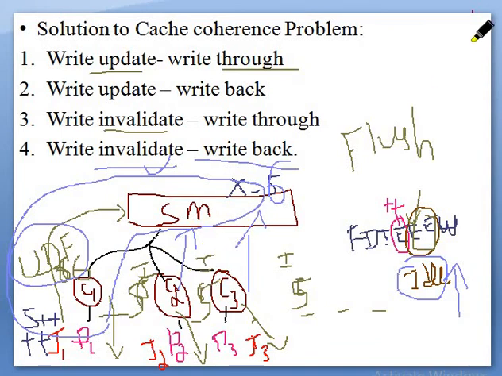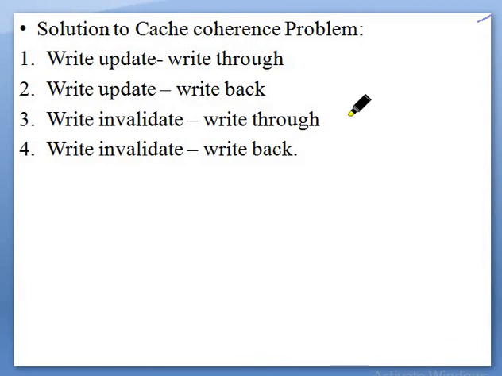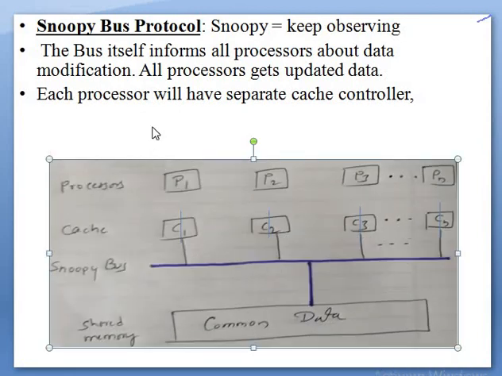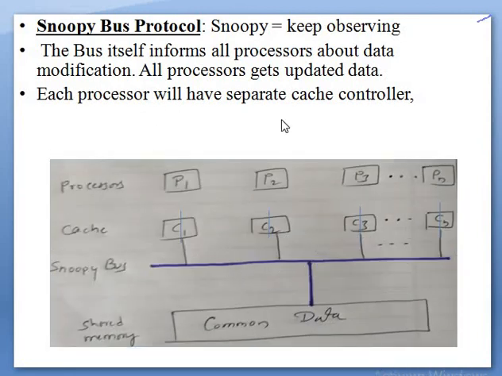So all such solutions, put into a timing based method, are called the Snoopy bus protocol. It's a very important question from the exam point of view. Snoopy bus protocol. Okay, see here how the activity takes place.